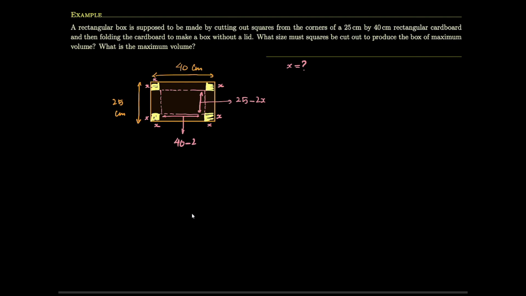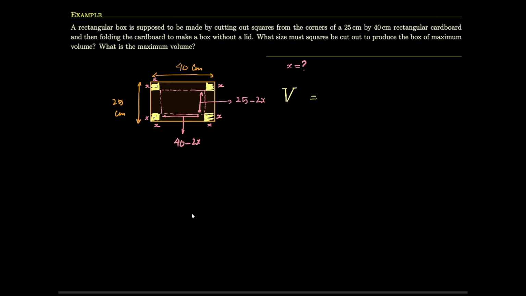For the same reason, if I ask you what is this length, that is 40 minus 2x. And then you see that because this is also x, when I fold it up, that x will play the role of the height of the box. So the volume, my target function, is equal to the area of the base, which is the product of these two, multiplied by the height, which is simply x.